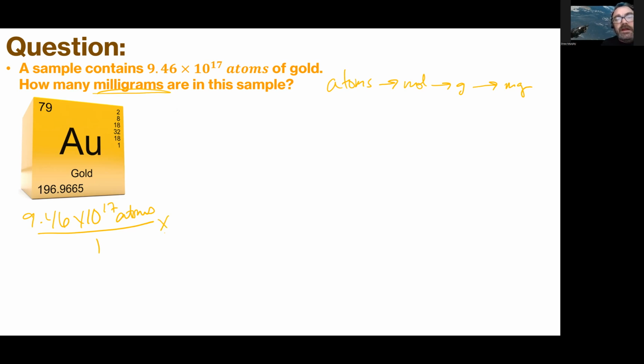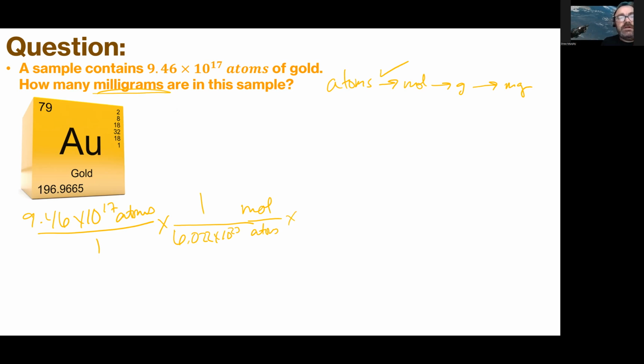Remember, we want atoms to cancel. I left myself enough room here. And atoms goes with moles. Avogadro's number is for 1 mole, and Avogadro's number is 6.022 times 10 to the 23rd. Now, we got moles. Moles to grams.